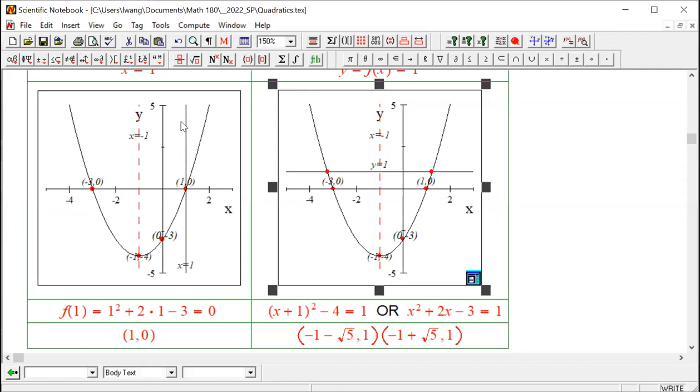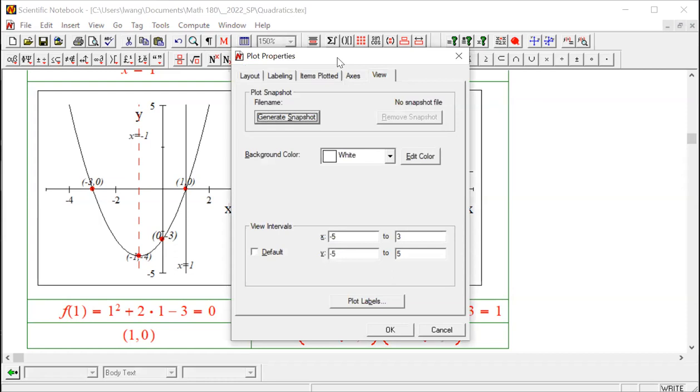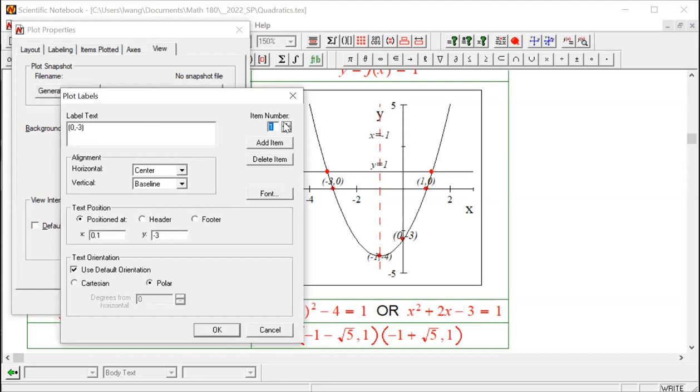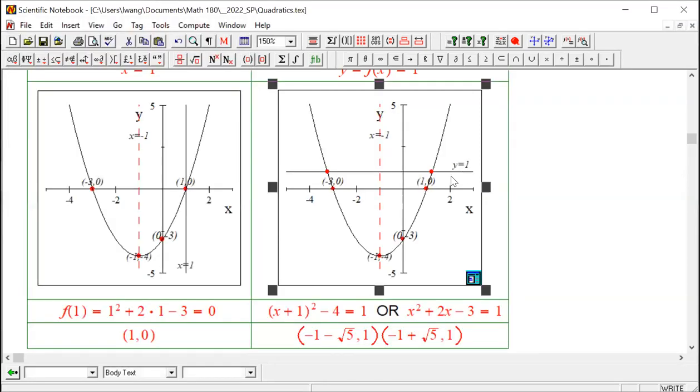There's a vertical line for the vertical cut, and a horizontal line for the horizontal cut. I hope this doesn't confuse people. I should move this y equals 1 over to this side. Okay, that should do better. So this is the horizontal line. You can see vertical cut, horizontal cut.